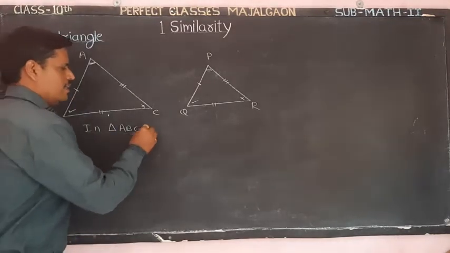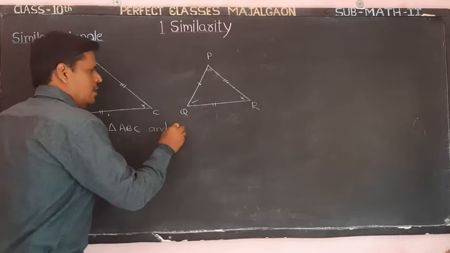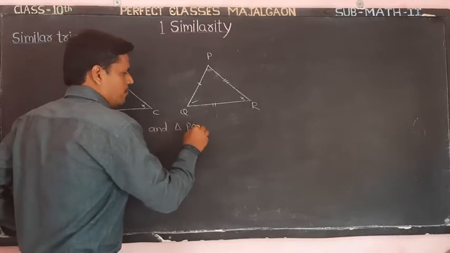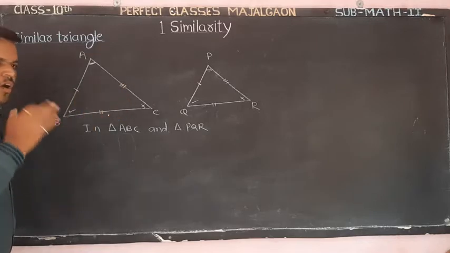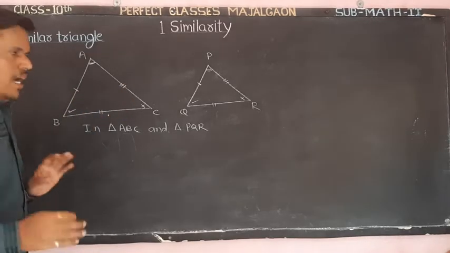Therefore, in triangle ABC and triangle PQR, all angles are congruent.